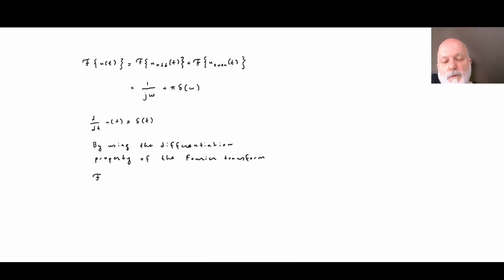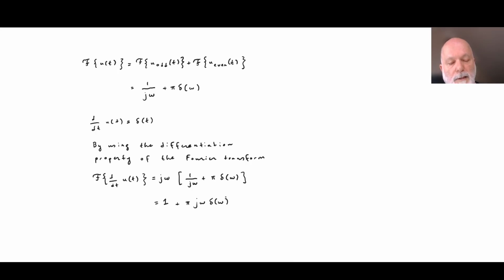The Fourier transform of the derivative of u of t is equal to j omega. Remember, differentiation in time domain corresponds to a multiplication by j omega in Fourier domain. So j omega times 1 over j omega plus pi delta of omega. So we have 1 plus pi j omega delta of omega.